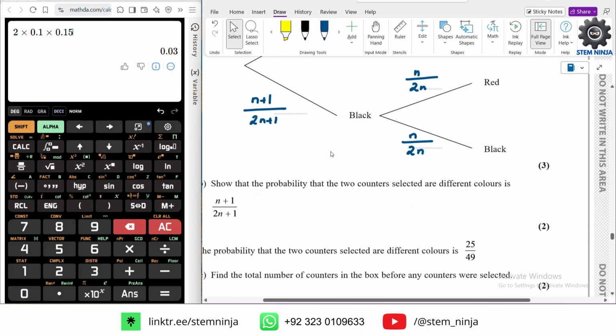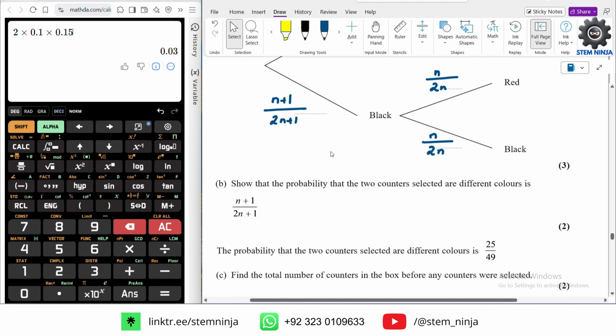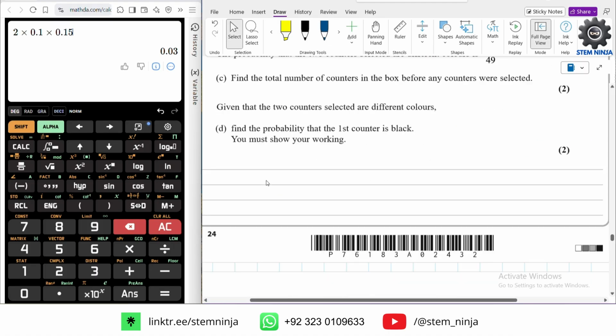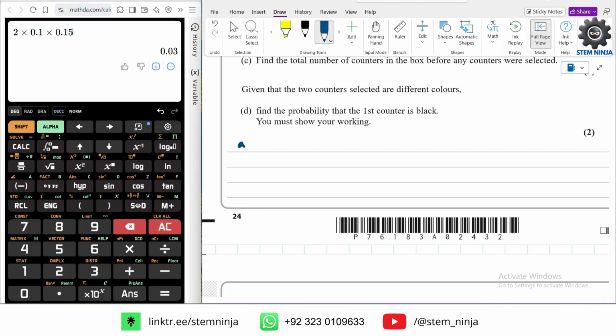Right? Okay. Show that the probability that the 2 counters selected are different colors is this. Okay, so different colors would mean red black or black red. So we need to add these. Probability of red black or black red.